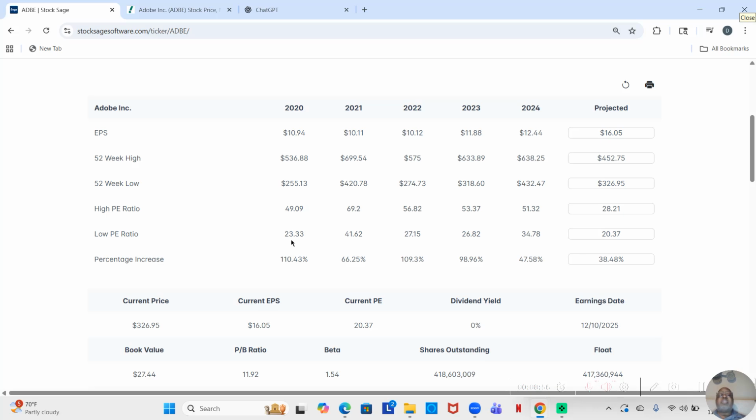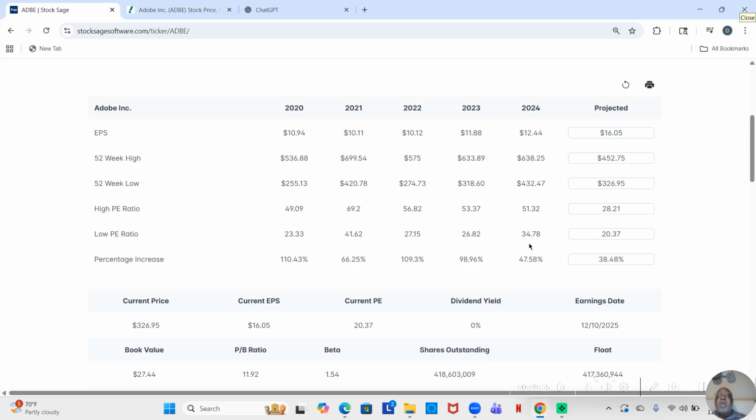It was 23 in 2020, 41 in 2021, 27 in 2022, 26 in 2023, and 34 in 2024. So the lowest that this PE ratio has been in the last 5 years is 23.33 in 2020, the COVID lockdown year.